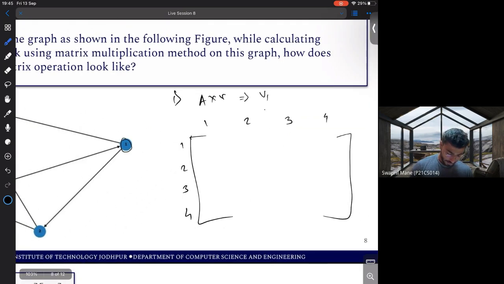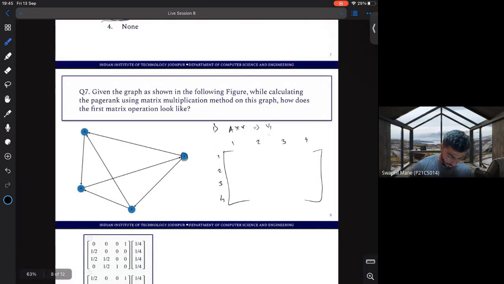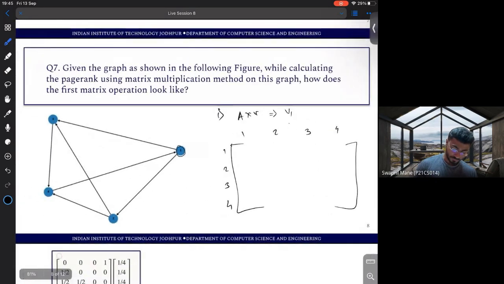At the initial state, it is getting an incoming edge from the fourth node, and the fourth node has no multiple outgoing edges, meaning the whole value of node number 4 is transferred to node number 1. The other values are 0, because from other nodes it is not getting incoming edges for node number 1, right? So it gets 0.